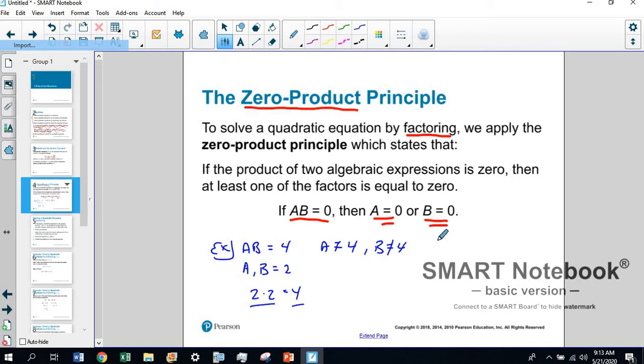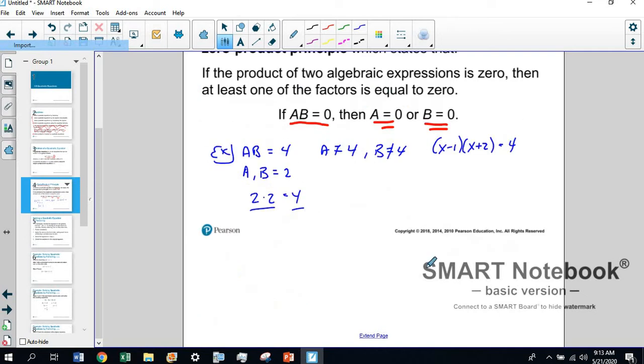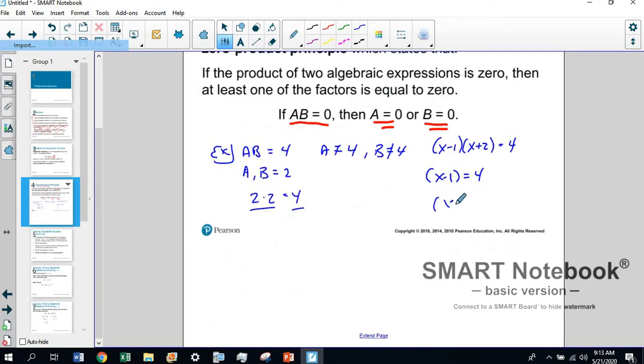But sometimes students will forget that, and they'll have a factored thing like x plus 1, x minus 1, x plus 2 equal to 4. And then the next step will be that you set these equal to 4. All right? And that is absolutely not true.